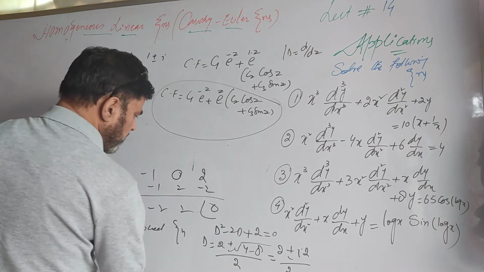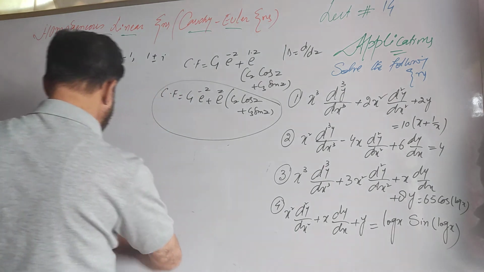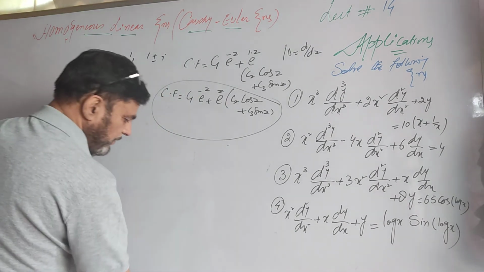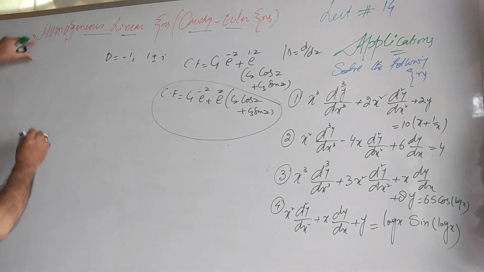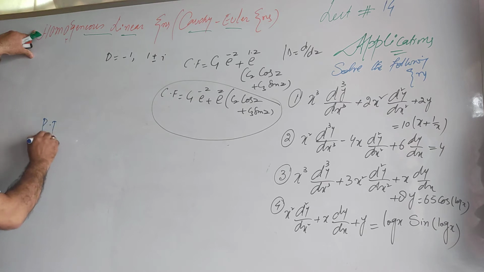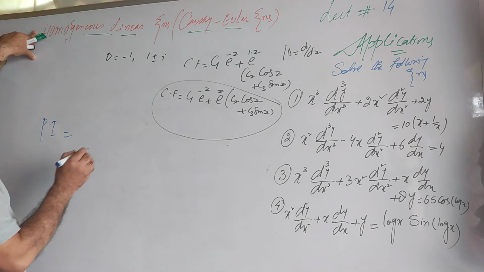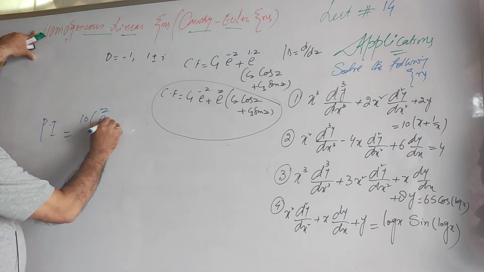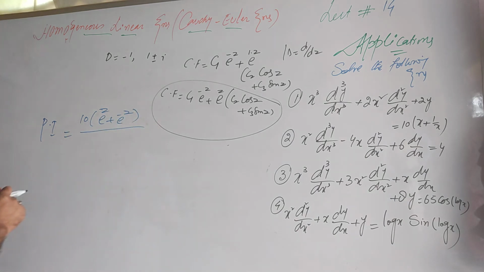Now you go for the particular integral. How do you find the particular integral? Our particular integral will be 10 times e raised to power z plus e raised to power minus z by, oh, what was equation number second?